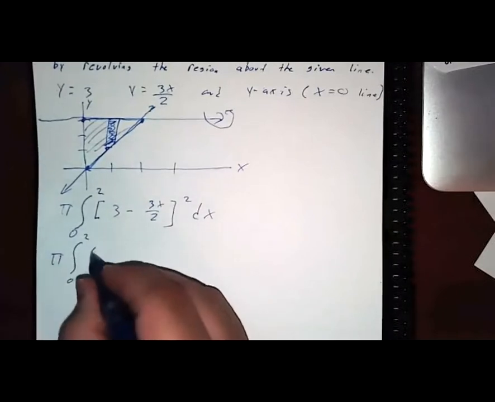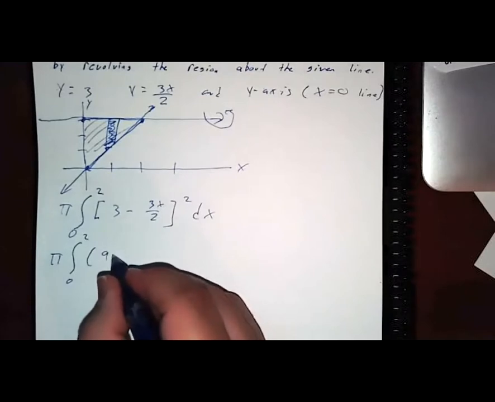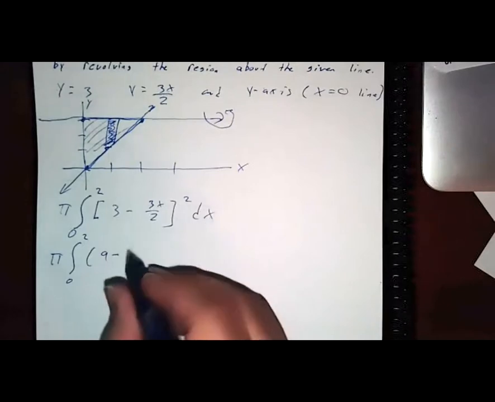All right, follow this out. We get 9 minus 3 times that is 9, 18, right? Yeah.